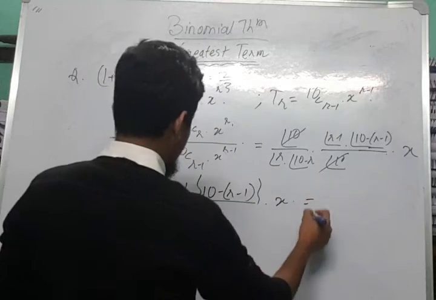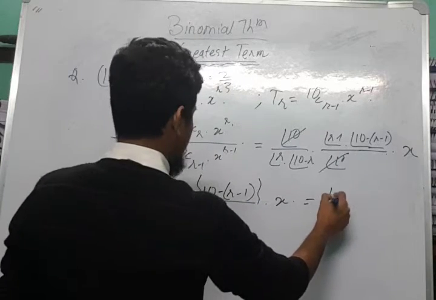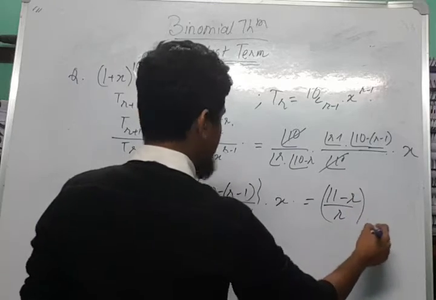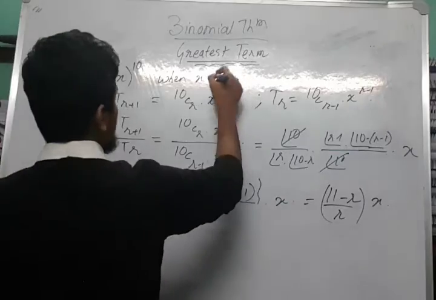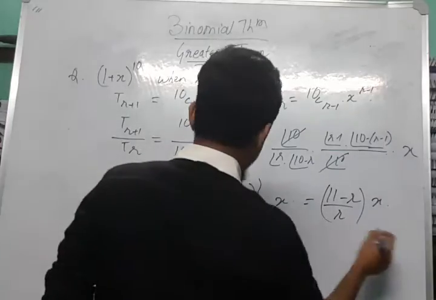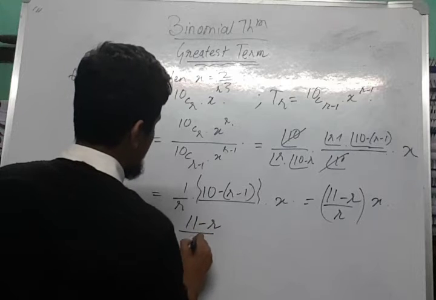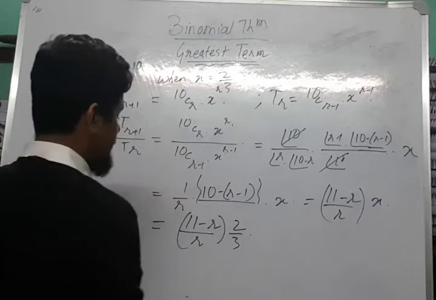So this will give us (11 - r)/r into x. Now we have been given that x is equal to 2/3, so this will be equal to (11 - r)/r into 2/3.